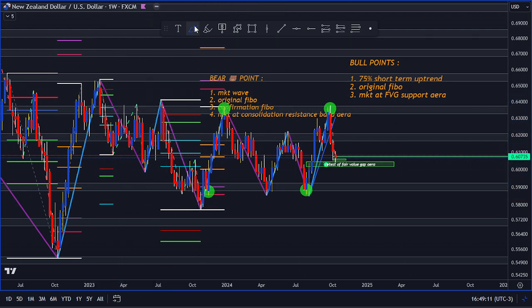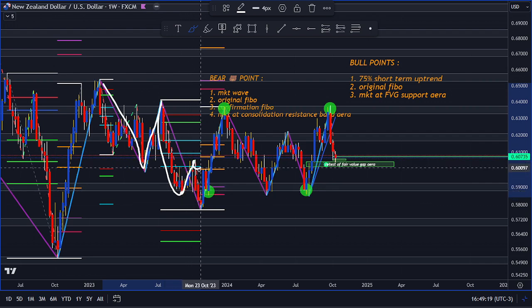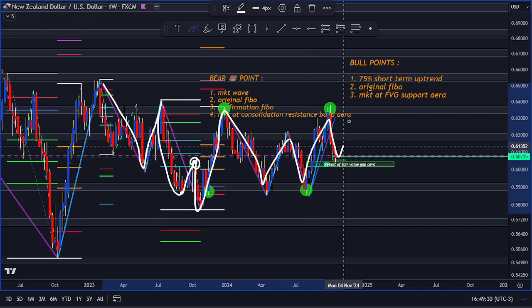Excuse me, I'm going to take that again. We have lower lows, lower high, lower low here, lower high here, and lower low, then higher high.